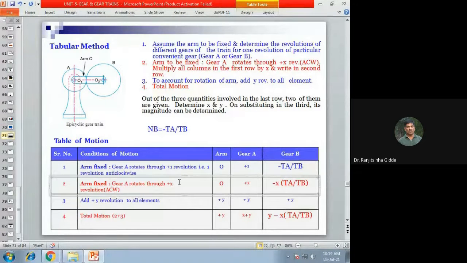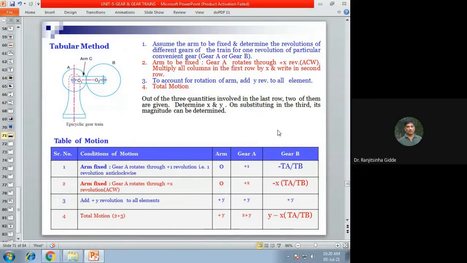Instead of plus 1, we are going to provide X. Again here we are going to get 0 for the arm. Instead of plus 1, we are going to write here plus X. So for plus 1, we were getting this TA by TB and minus sign for the revolution. So instead of 1, we have provided here X.